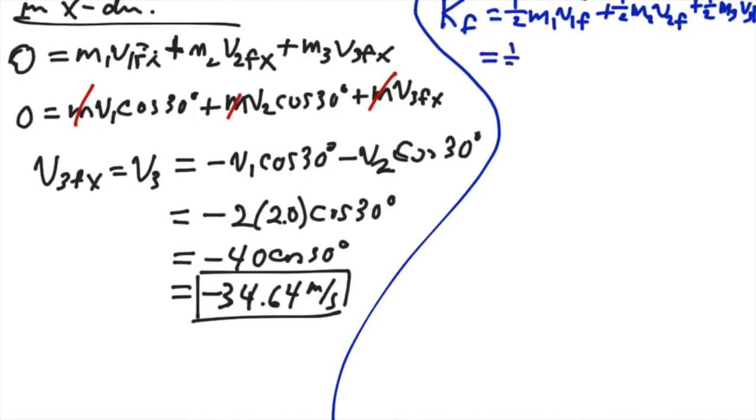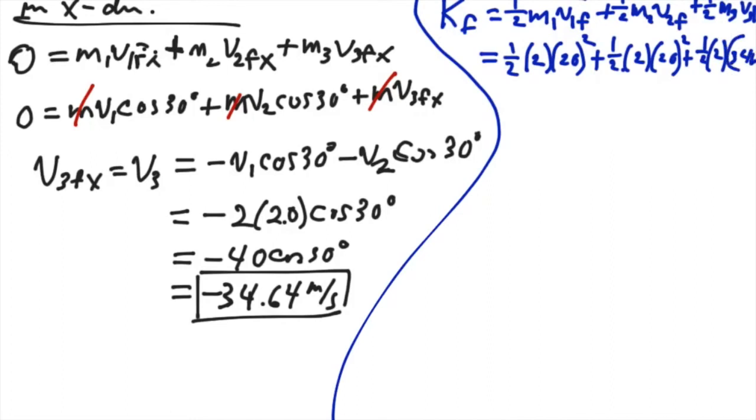So this is going to be 1/2 times 2 kilograms times 20 meters per second squared plus 1/2 times 2 kilograms times 20 meters per second squared plus 1/2 times 2 kilograms times 34.6 meters per second squared.